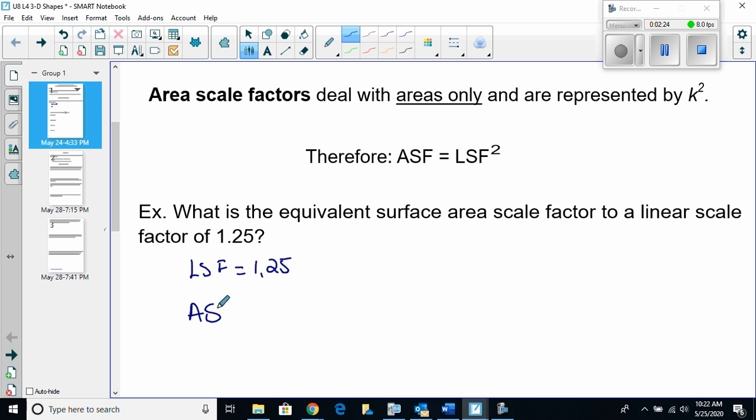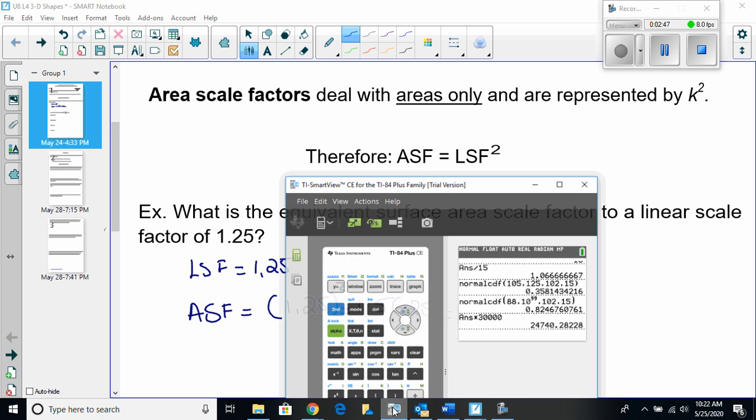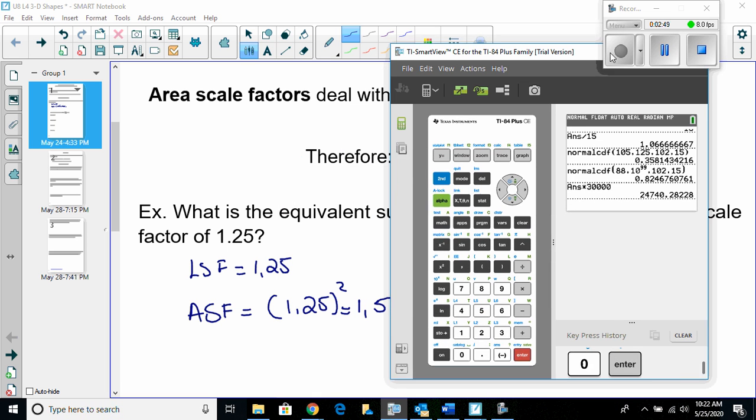Now the area scale factor will be 1.25 to the power of 2. And now in your calculator, 1.25 to the power of 2 will be 1.5625, and I will show you something that you can do in your calculator.